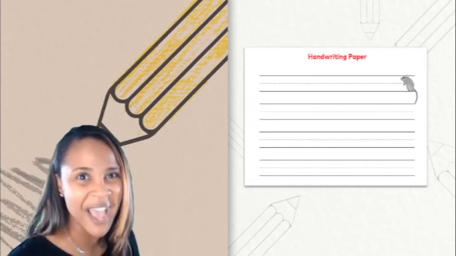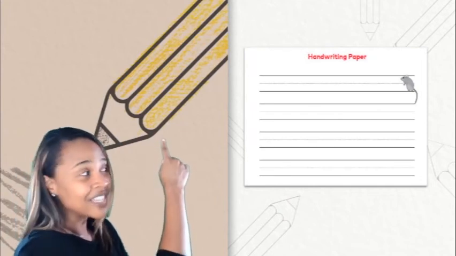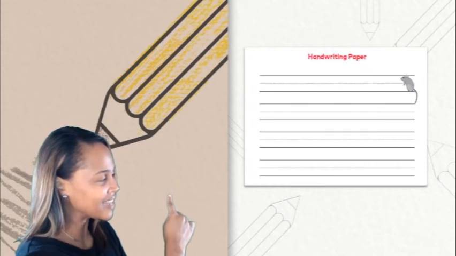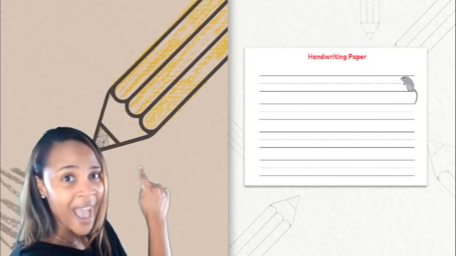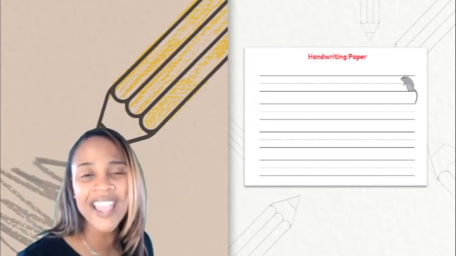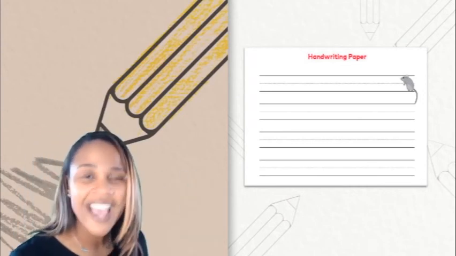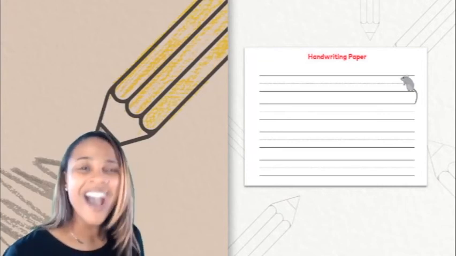Let's try one more time. Fingers at the top line, drag it past the belly line all the way to the foot line. Then take our finger back to the middle of the belly line and cross right there from left to right. And we just made our lowercase t. Awesome work.